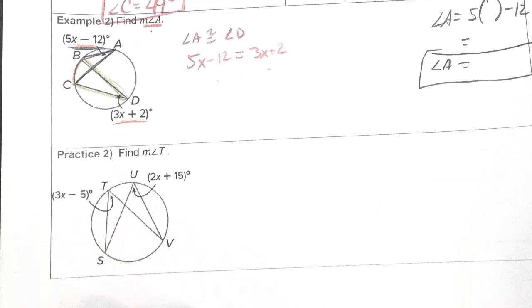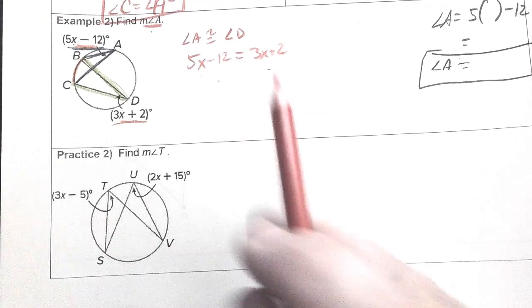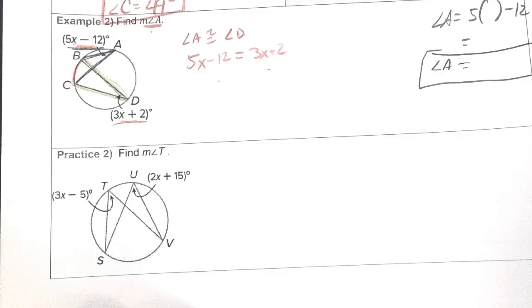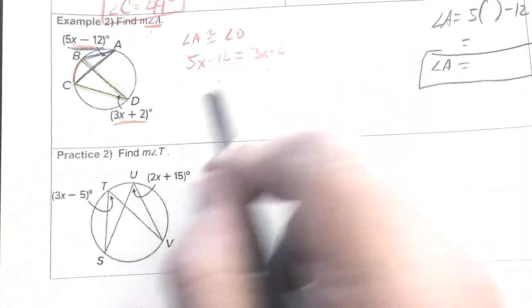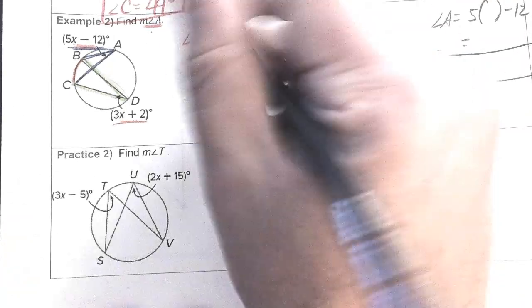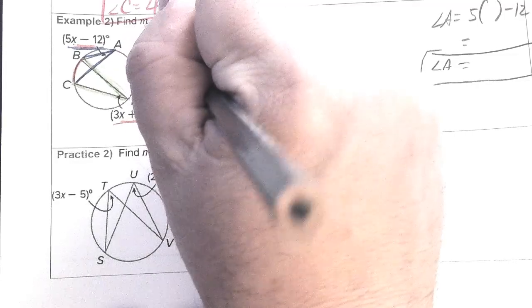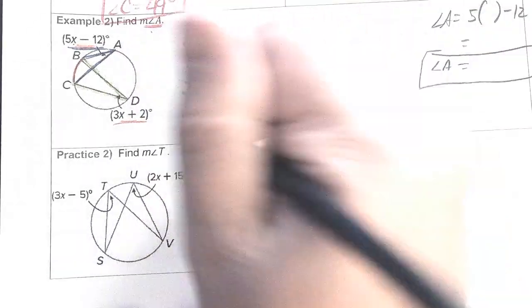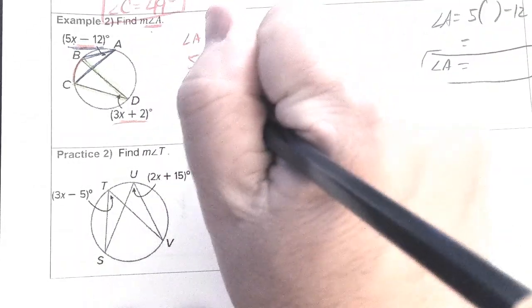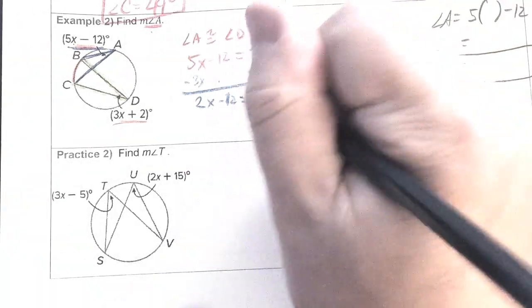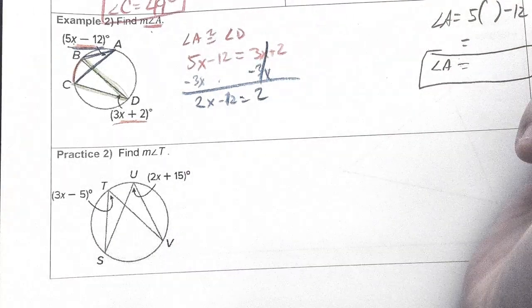Okay. So, I'm going to just change colors. So, I'm going to subtract the 3. These cancel. This is 2x minus 12. And it equals, over here, these cancel to this, just 2.